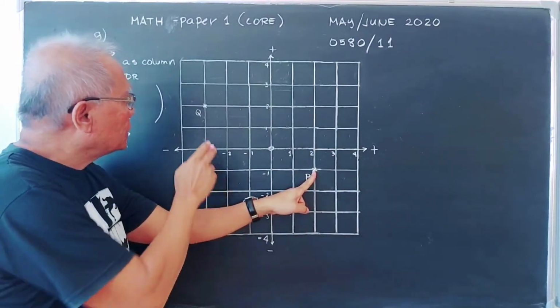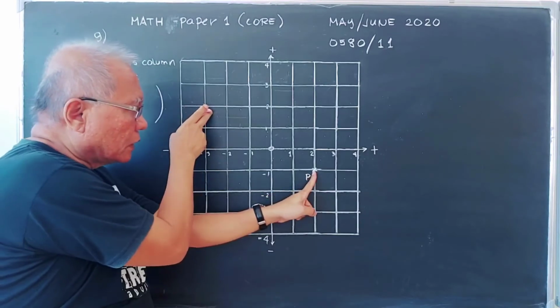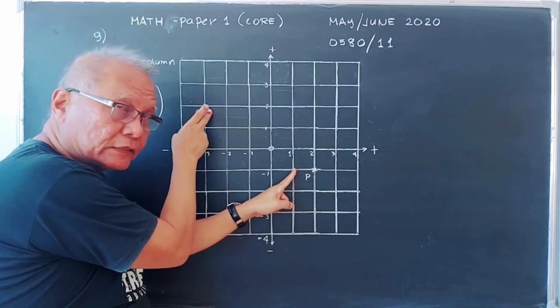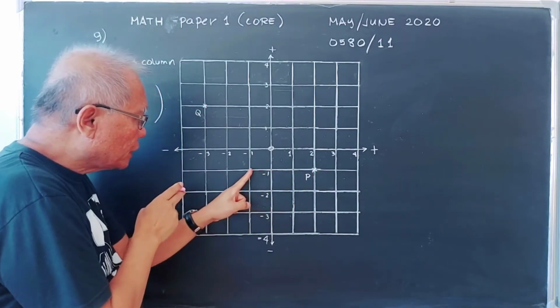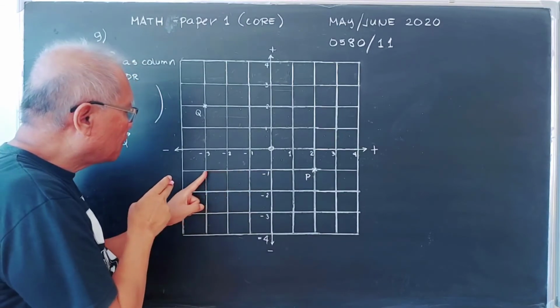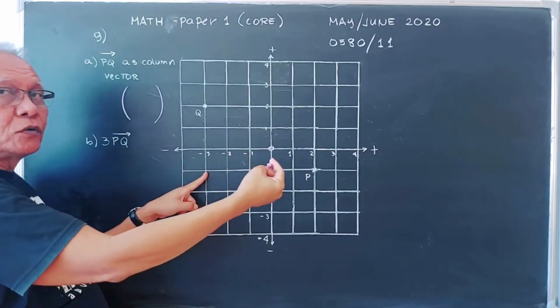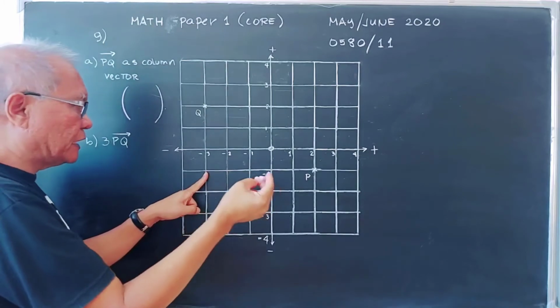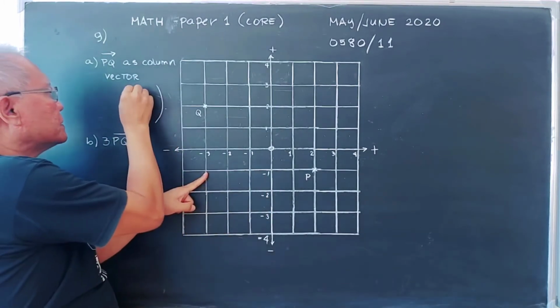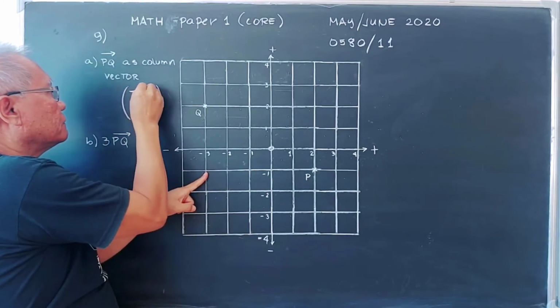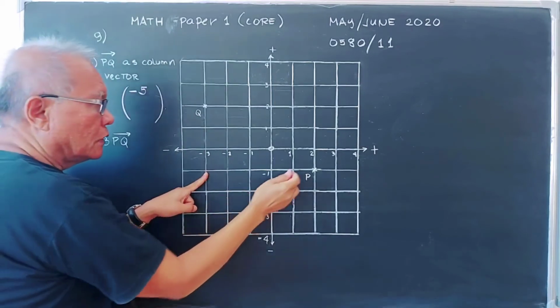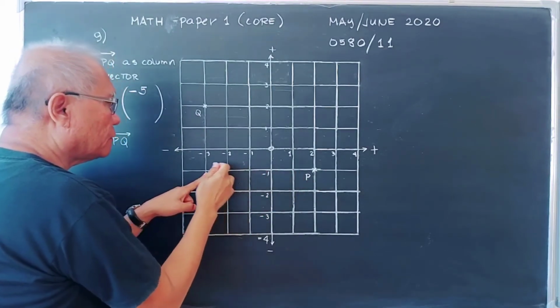So, horizontal, so we have 1, 2, 3, 4, 5, and we go to the left. We are moving to the left. Therefore, this one is -5. 1, 2, 3, 4, 5.